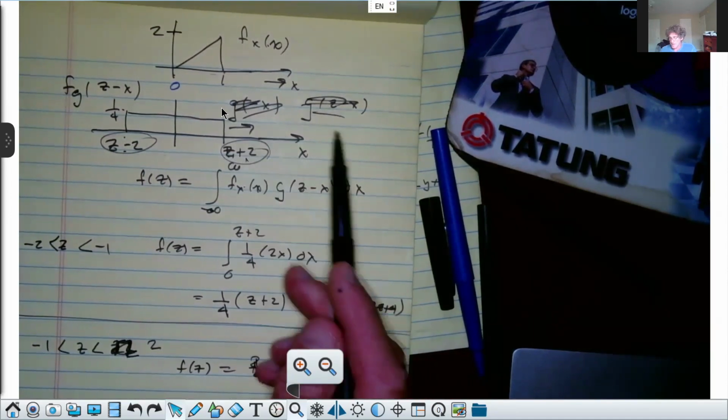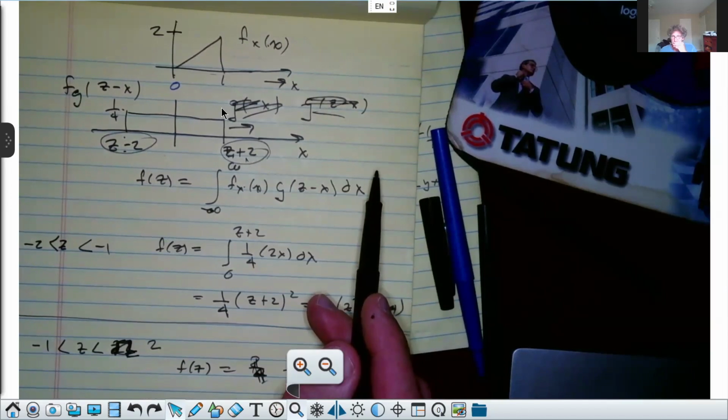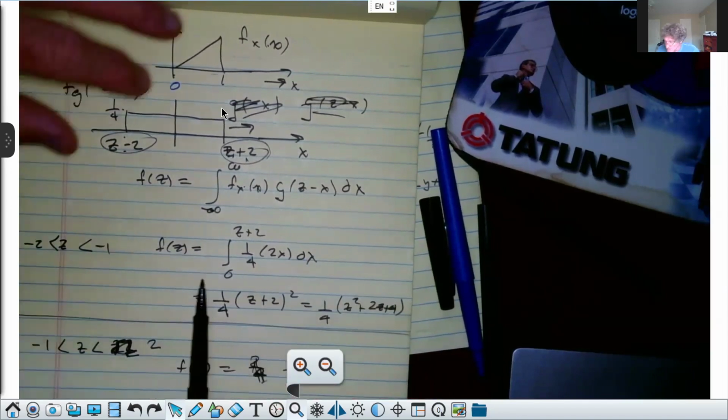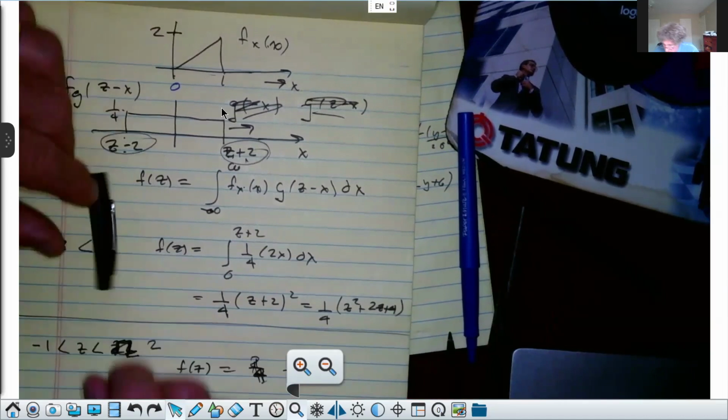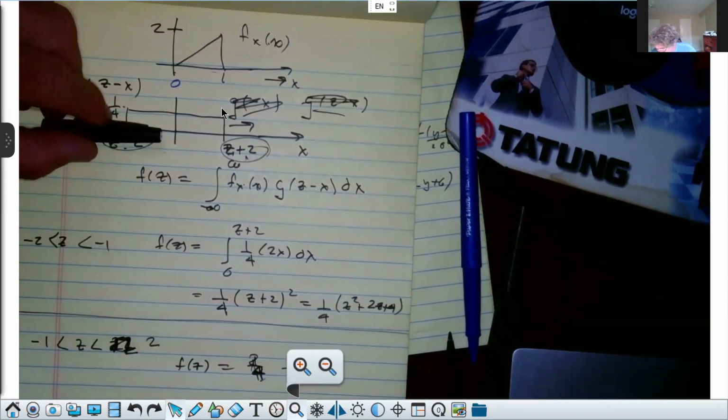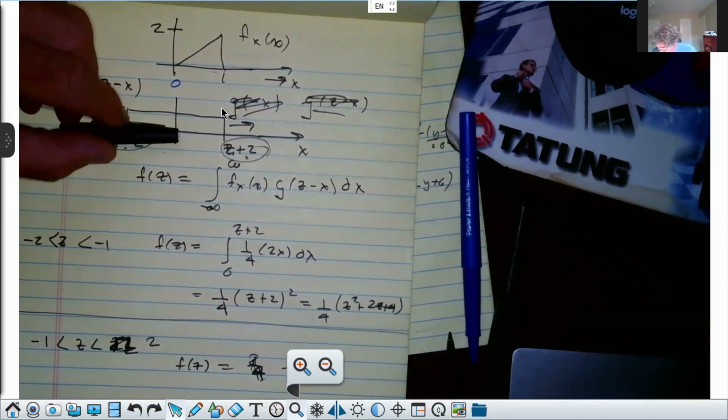Then you pick the next lower bound to be -1, and then your next is z equals 0, to shift over. How do you know when you're done shifting? Well, when you finally have no overlapping area.